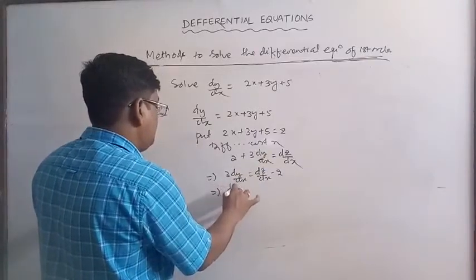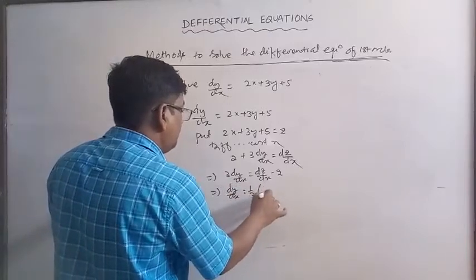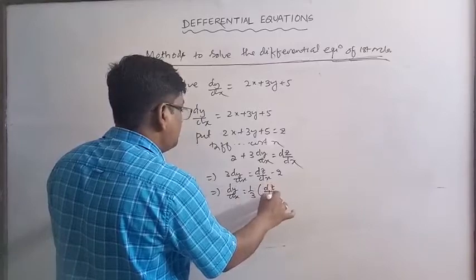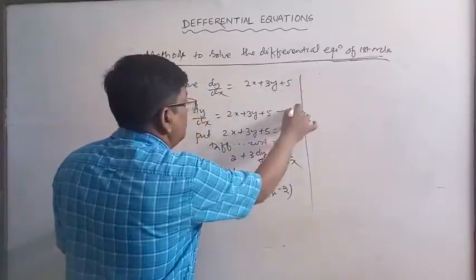Now dy/dx = (1/3)(dz/dx - 2). So this is equation 1.